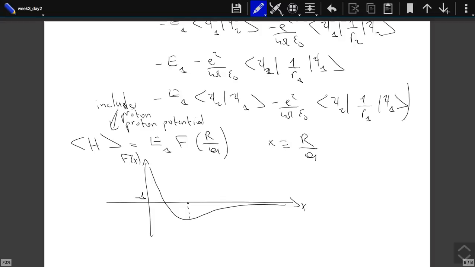Now, in studying molecules, people usually do two things. One is they calculate the effective potential energies, just like we did in the previous example. The nuclear charge that an electron sees won't necessarily be the full charge of the nucleus.